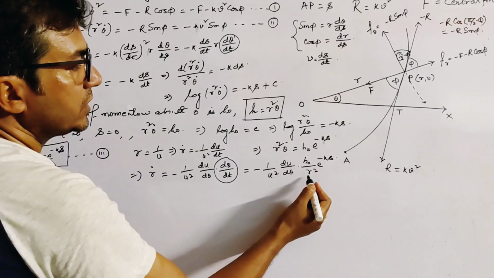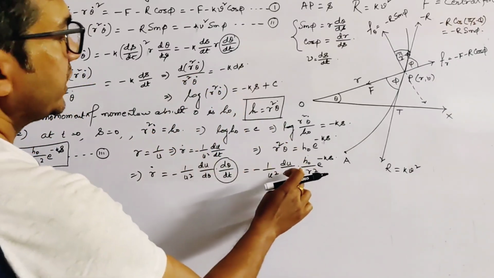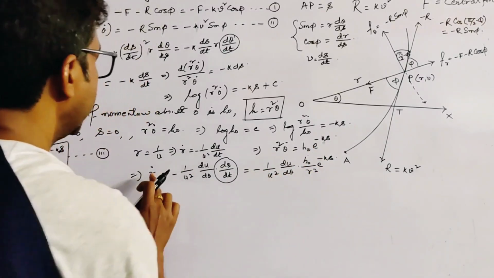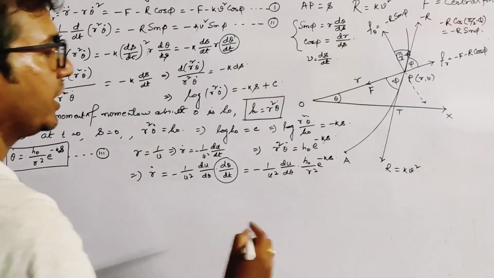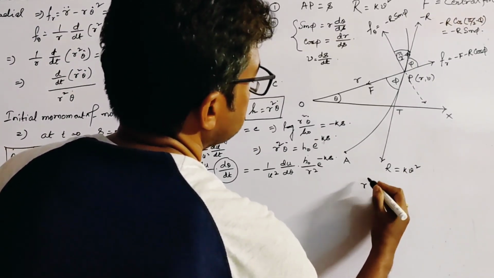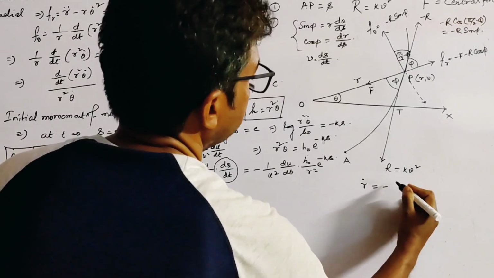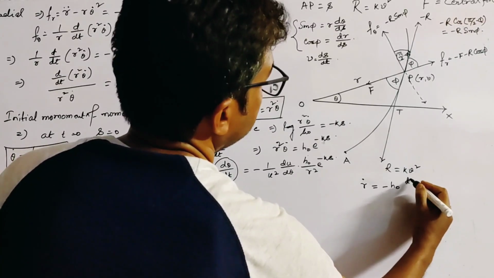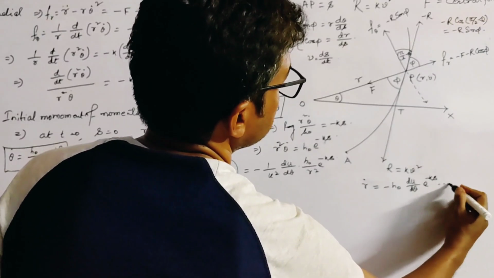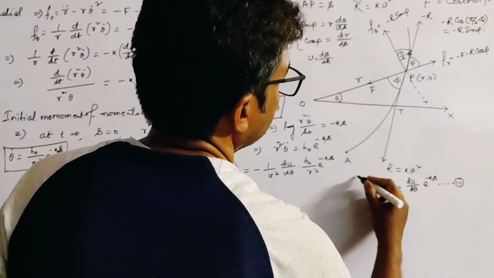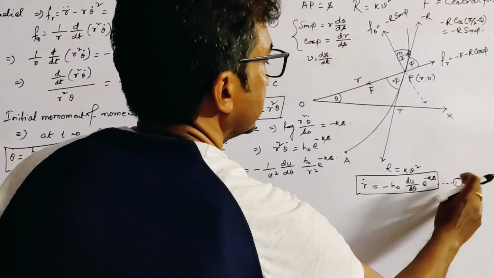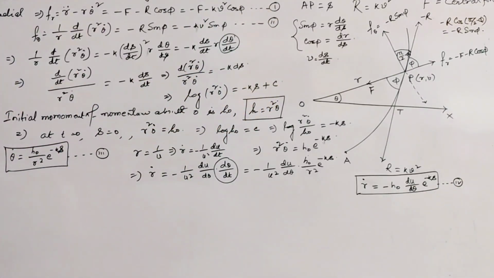Since 1 by r is equal to u, we cancel out 1 by r square and 1 by u square, and get r dot equal to minus h0 du/d theta into e to the power minus ks. Sorry, this is not the third relation; this is named as 4. This is the fourth relation.